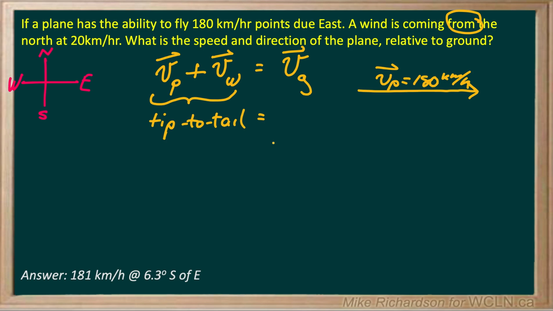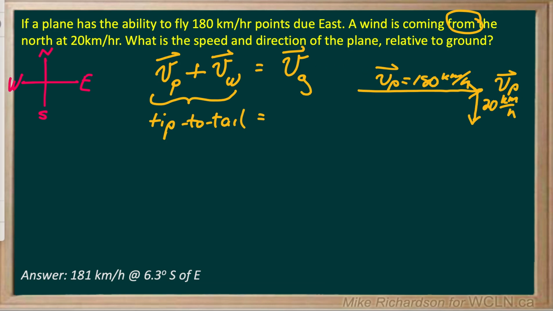So VW is a smaller vector, 20 kilometers an hour, that's pointed down. And we have to draw these tip to tail because we're adding them together, VP plus VW. So at the tip of VP, we're going to start the next vector, which is pointed straight down, and it's quite small, 20 kilometers per hour. So there's my vector diagram.